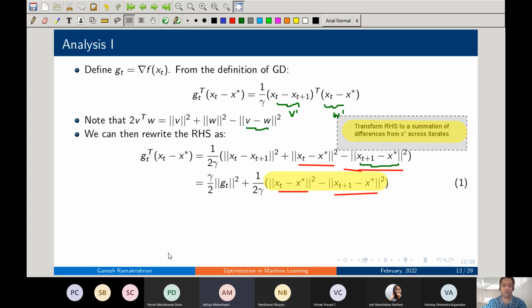If I take the left hand side and do a summation across iterates, t equals 1 to T minus 1, what happens?